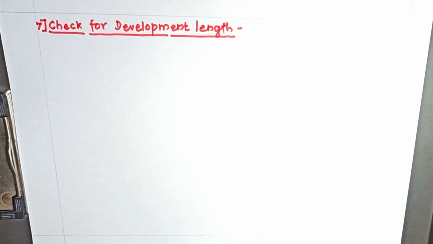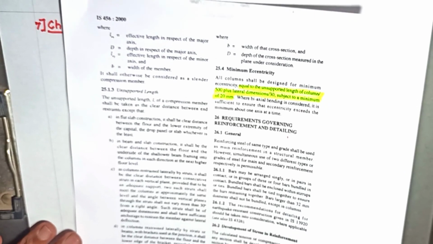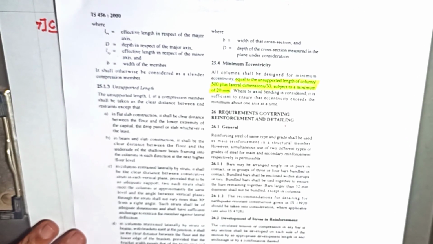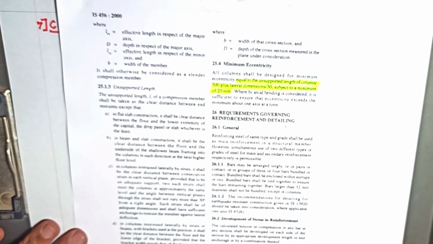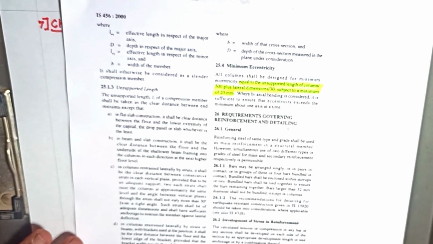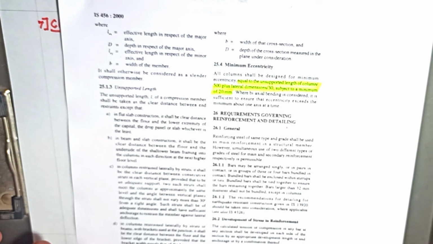Now first, according to clause number 26.2.1, we will have to calculate the development length required. LD is equal to phi into sigma s upon 4 times tau BD, where phi is the diameter of the bar, sigma s is stress in the bar, which is taken as 0.87 Fy.